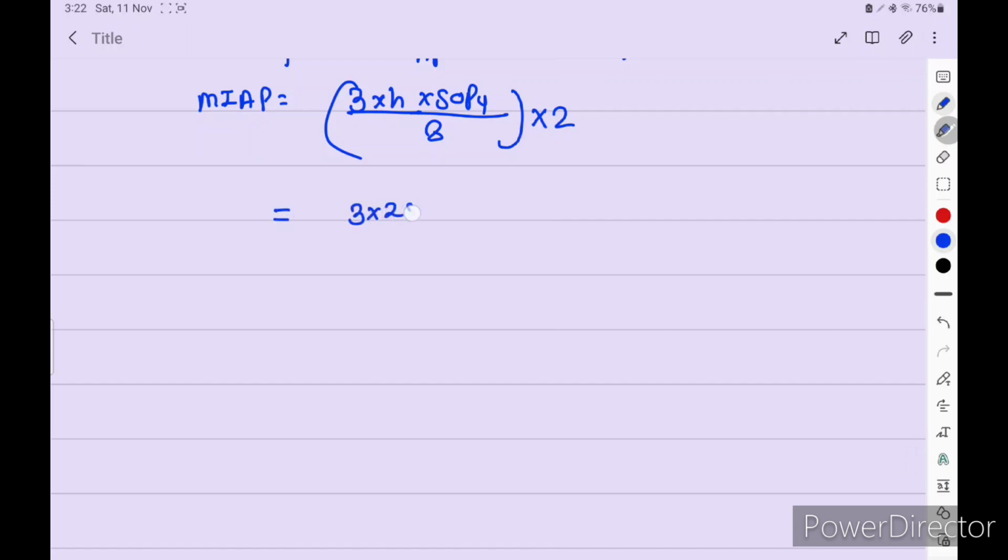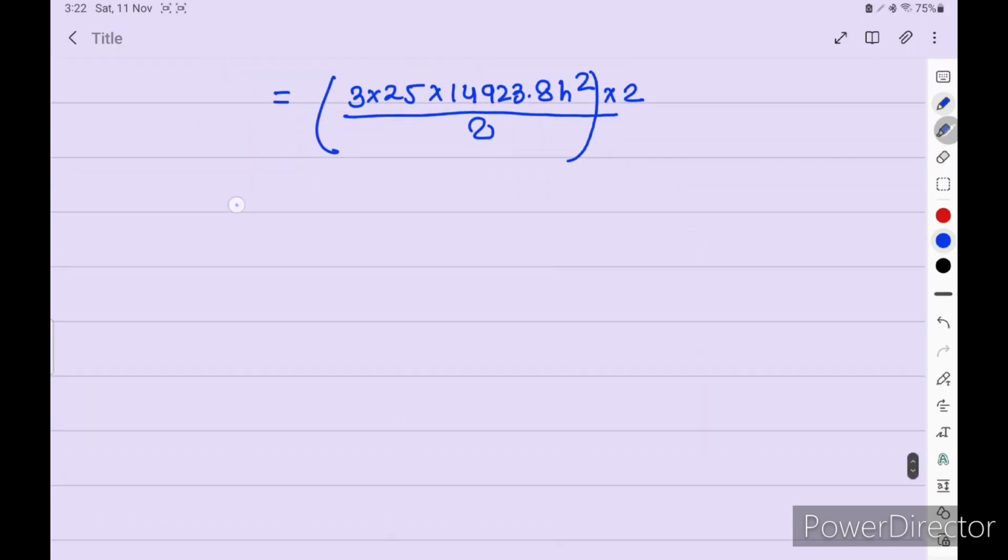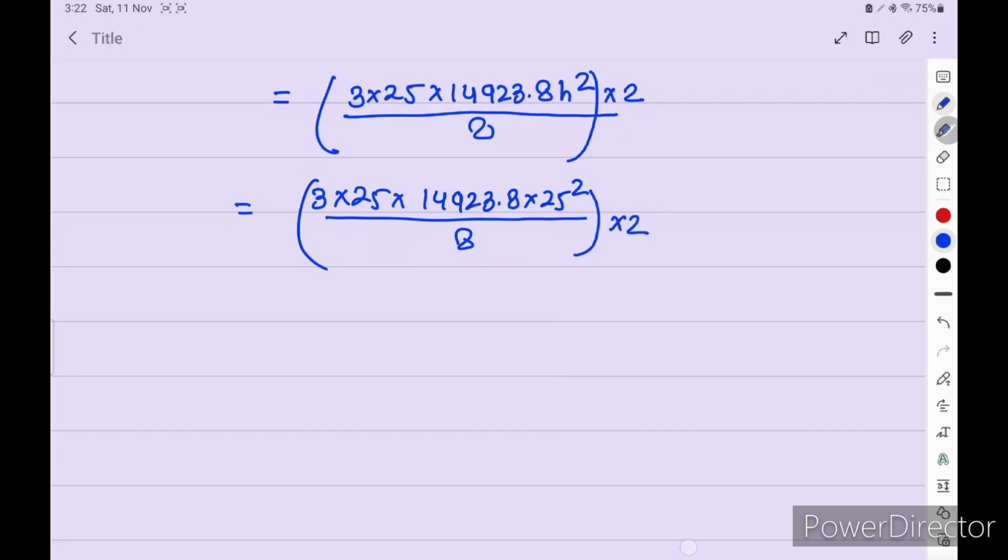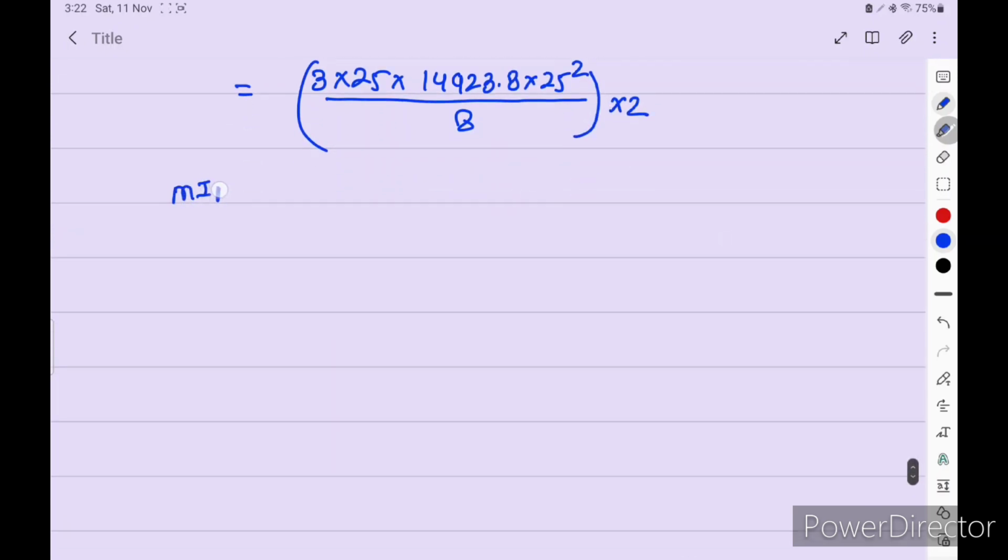So 3 into 25 into 14923.8 into 25 square divided by 8 into 2. So MI AP is equal to 174888281.3 m to the power 4.